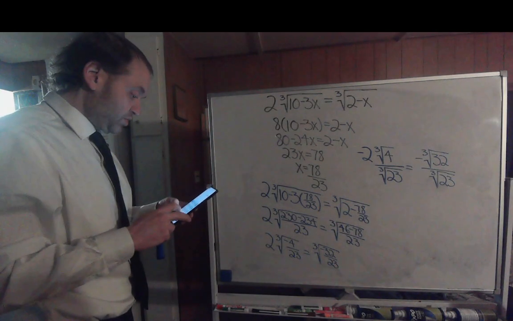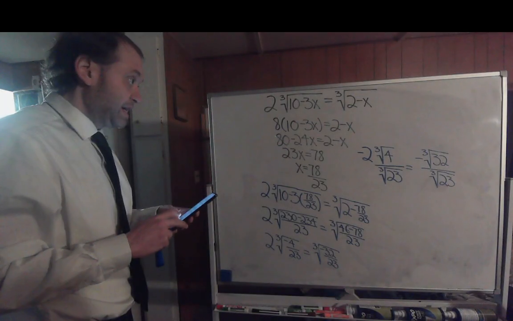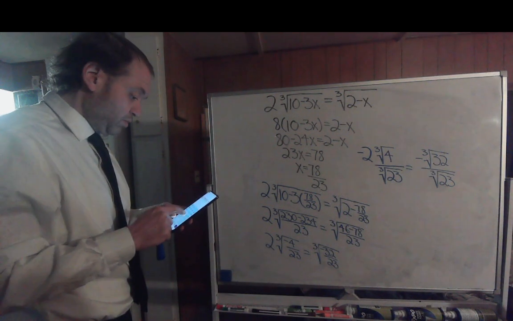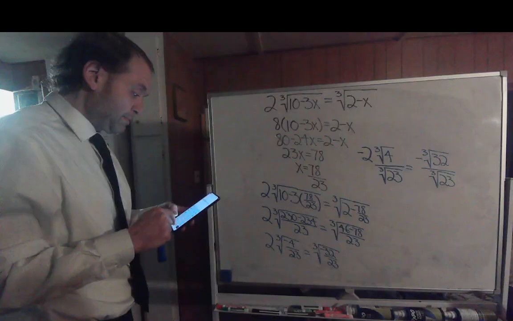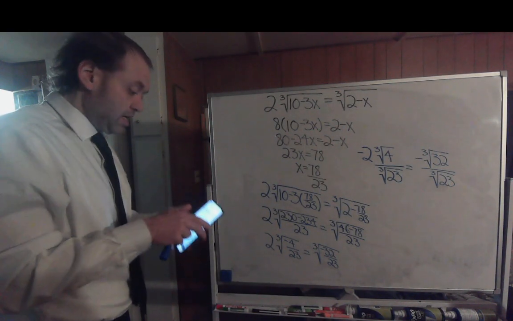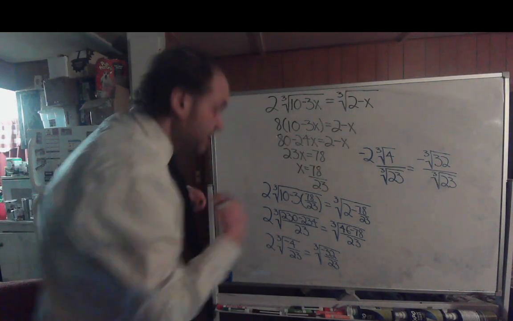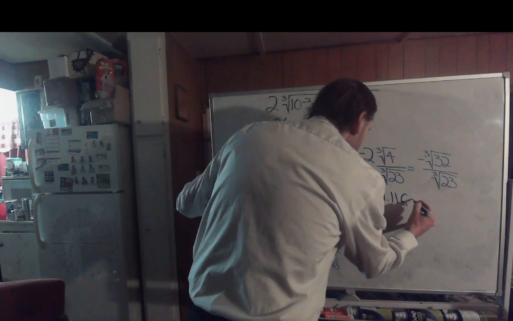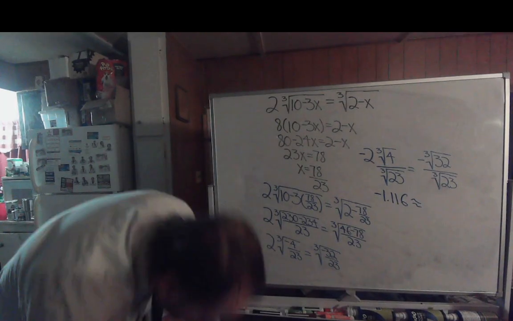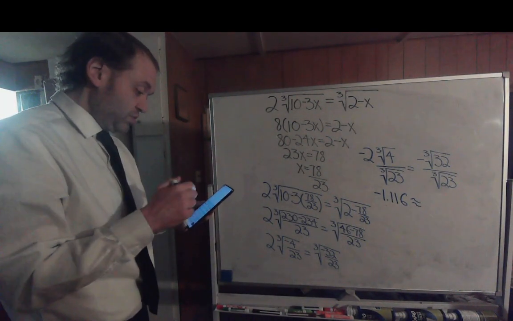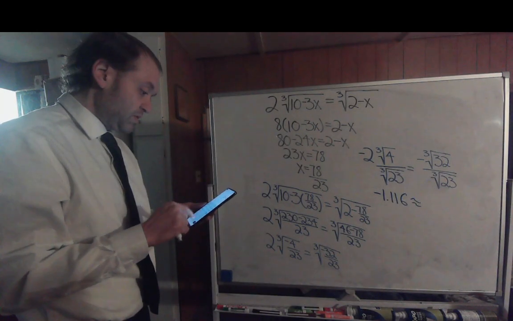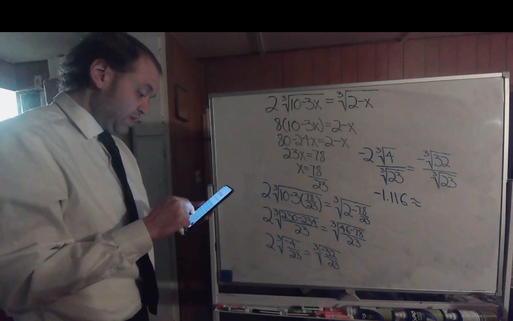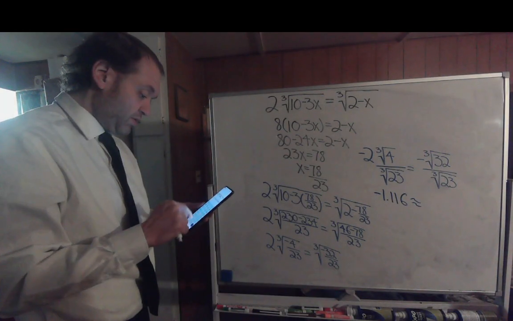So let's take 4/23. Now I'm going to raise that to the 1/3 power, which is the same as taking the cube root. I get approximately negative 1.116 on this side for the decimal. Basically what you're going to have to do is take decimals and raise that to the 1/3 power.